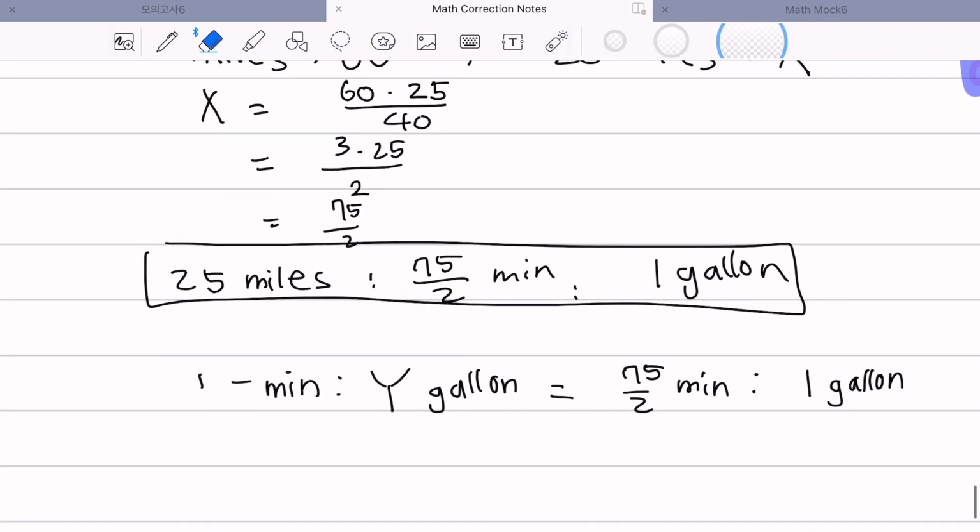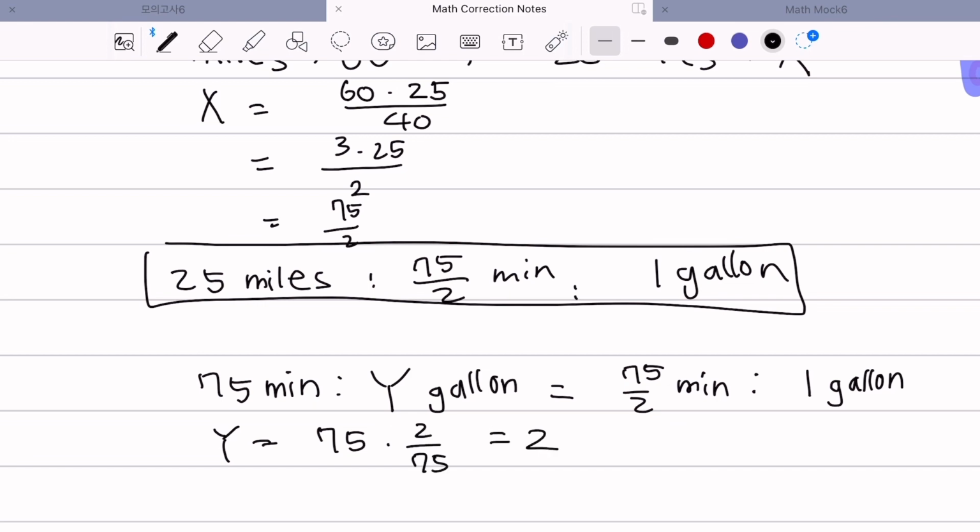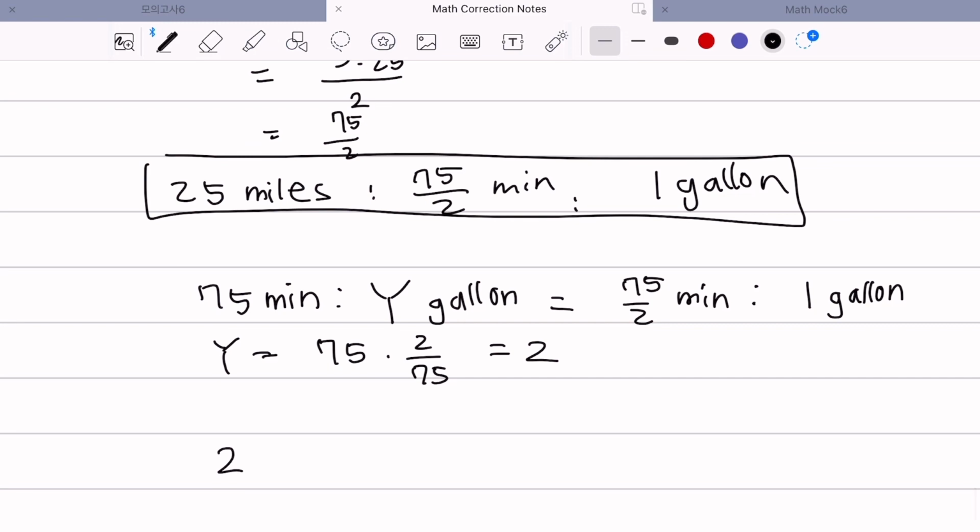And if you solve this equation, y would be 75 times 2 over 75, which is 2. So the answer is 2 gallons.